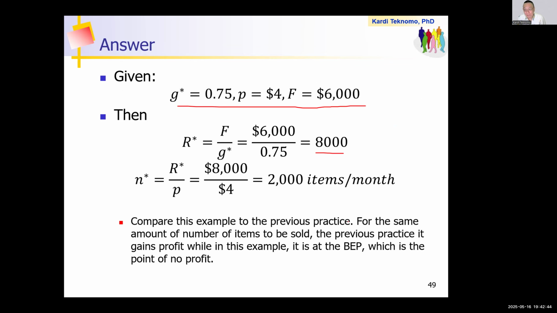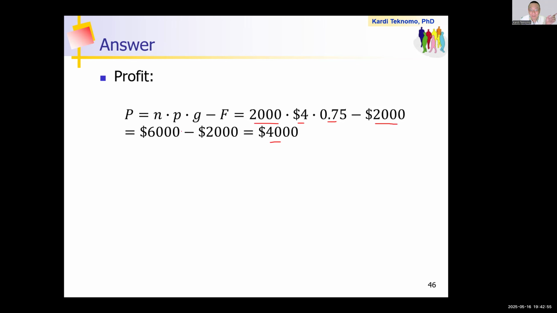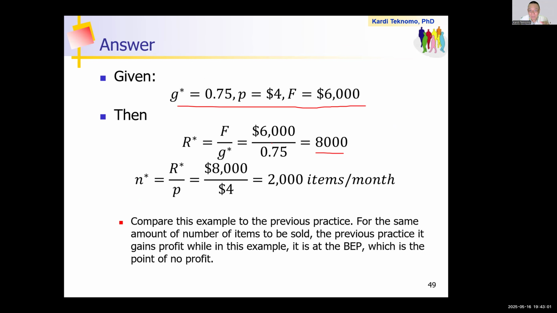The same amount of items sold, but in the previous practice, we are talking about profit P, you get a profit of 4,000. At this point, you get star here, which means you neither lose nor profit. This is not what you want. Practically, if you hire more people, your profit is distributed among the workers, and does not become your profit anymore. That's the point.